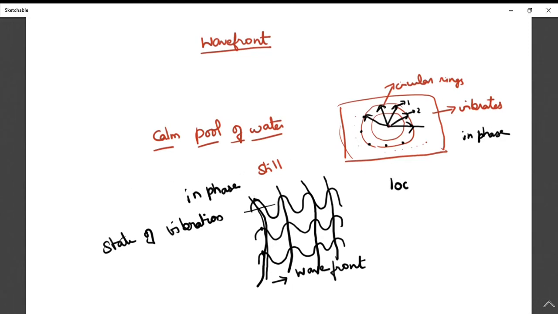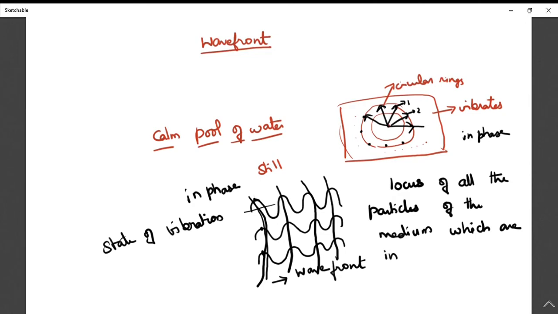So the wavefront at any instant of time is defined as the locus of all the particles of the medium which are in the same state of vibration.